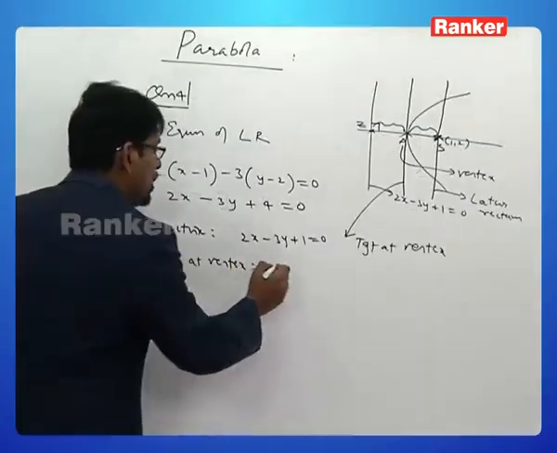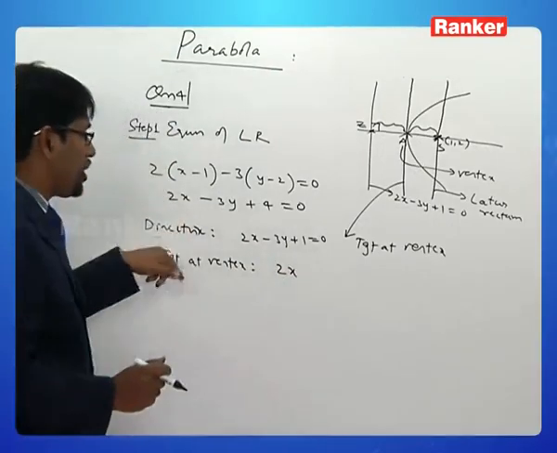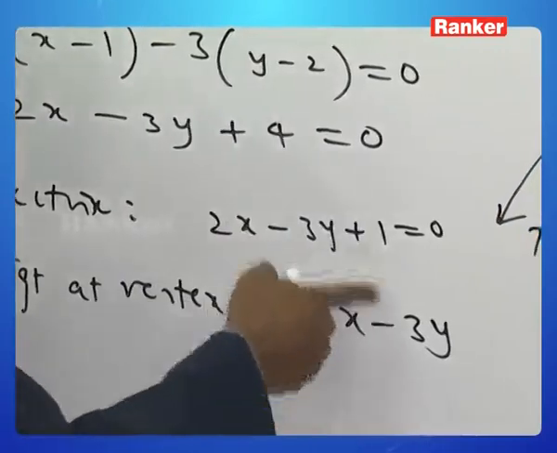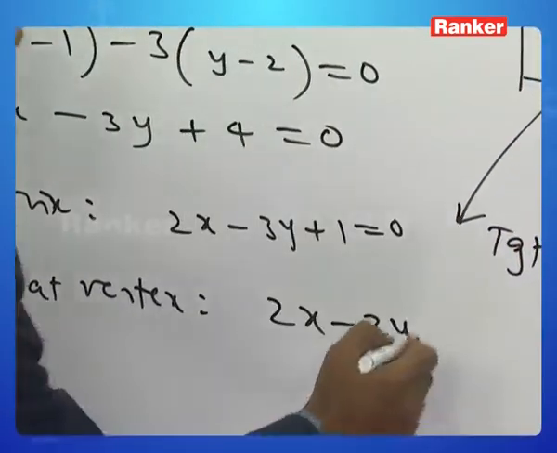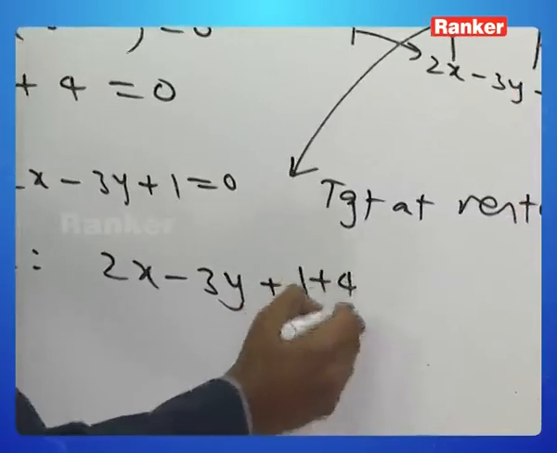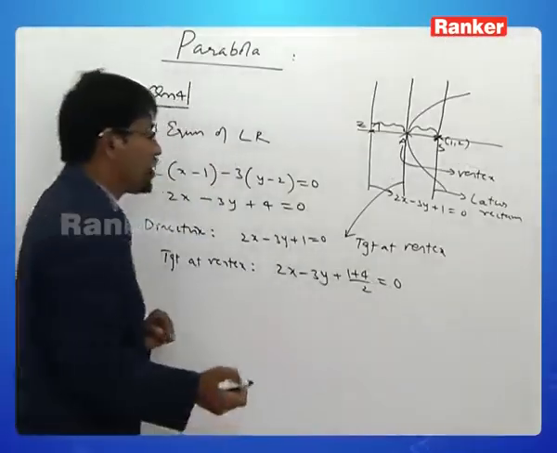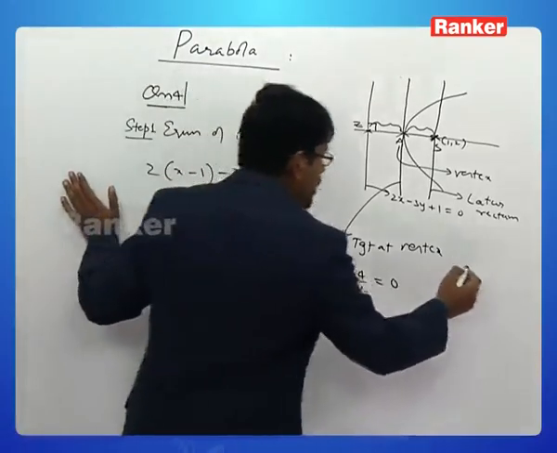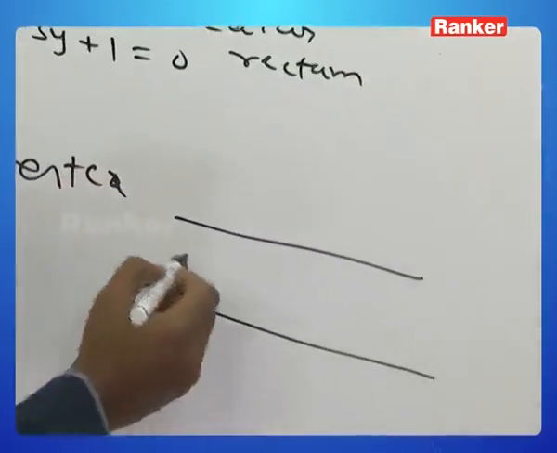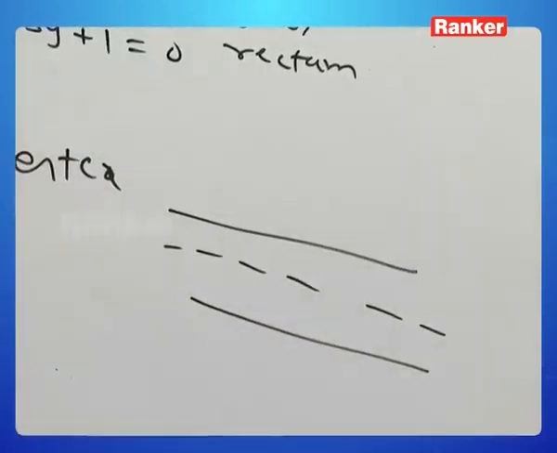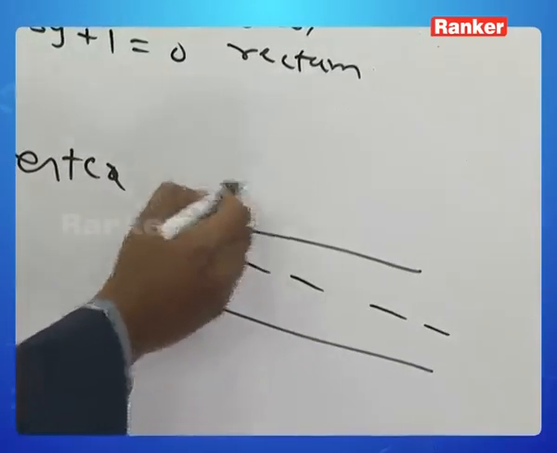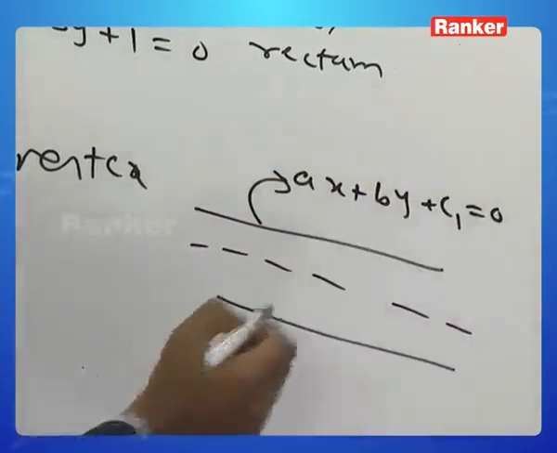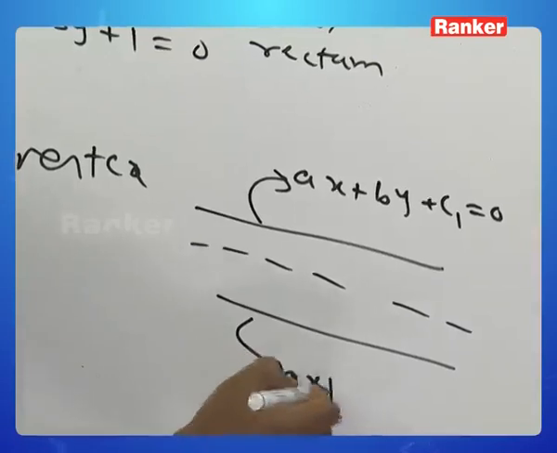It has to be parallel to these two lines, so they differ only by a constant, and in fact the constant will be the average of these two: 2x - 3y + (1 + 4)/2 = 0. Let's recall one fact: when you have two parallel lines, a parallel line going in between them, let us say this line is ax + by + c1 = 0, and this line is ax + by + c2 = 0.